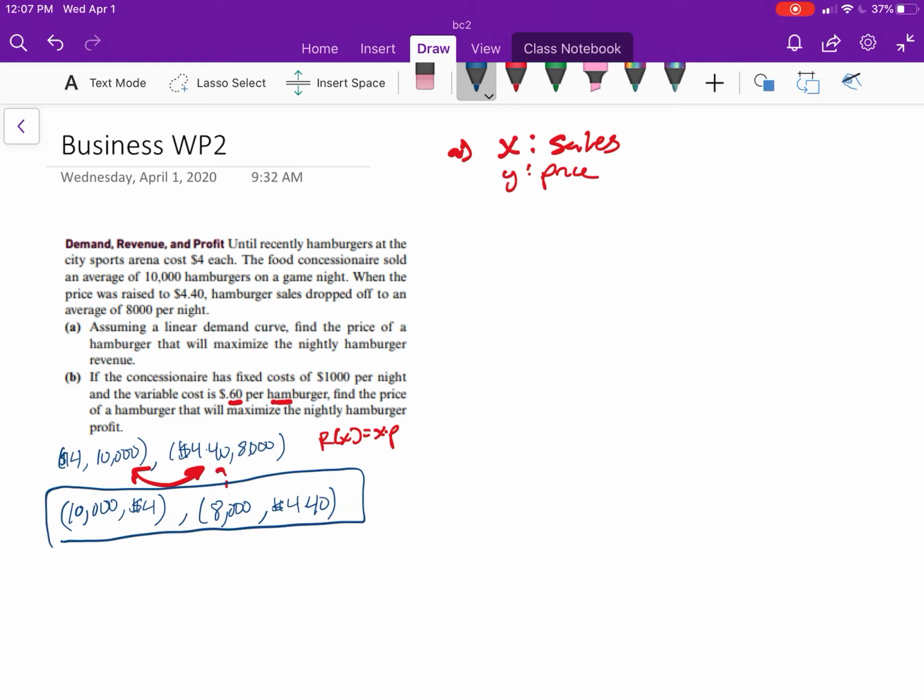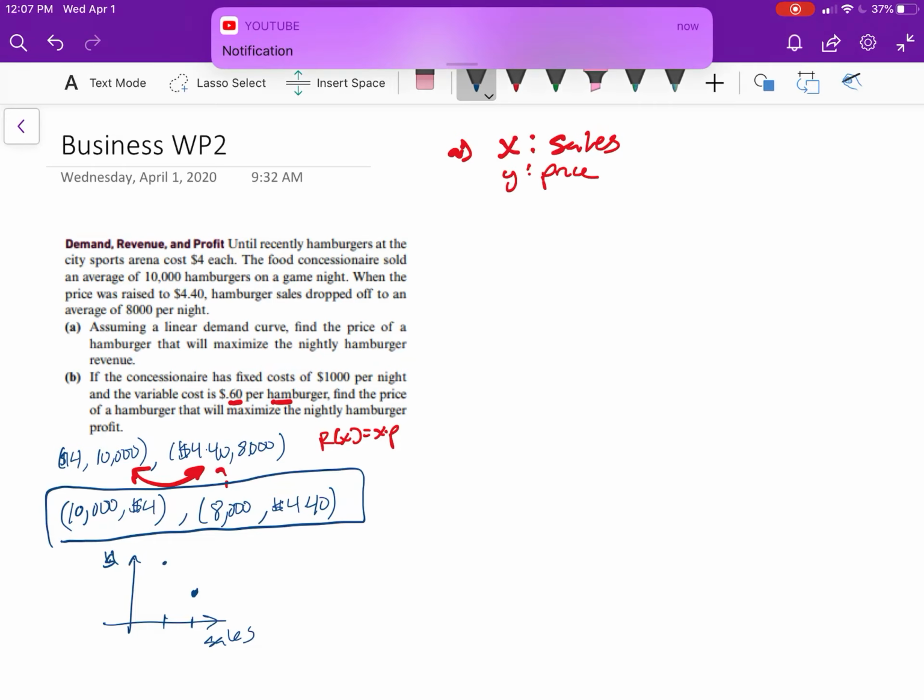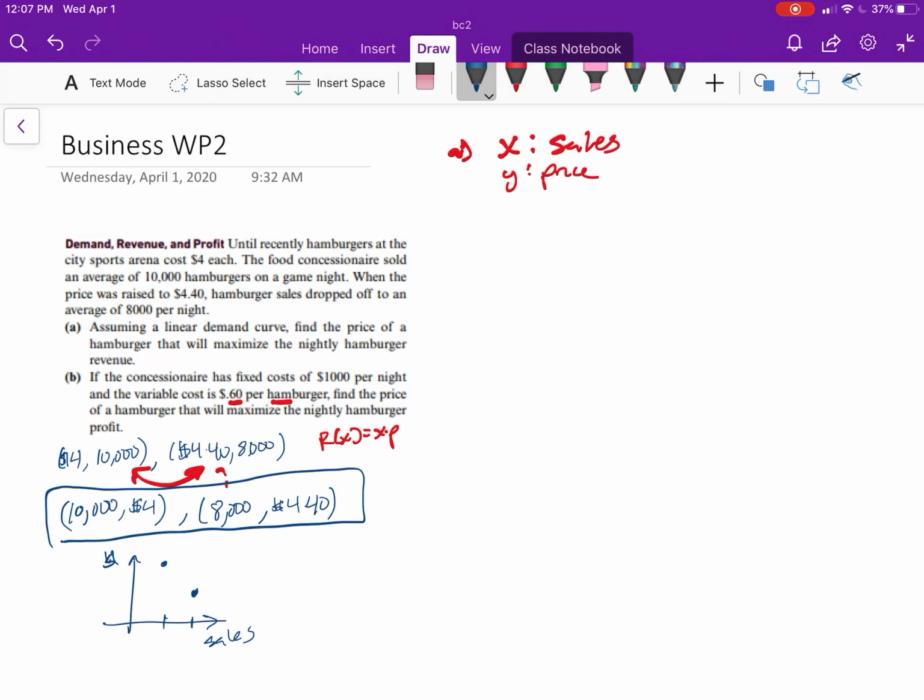So assuming a linear demand curve, if I kind of modeled this, X and Y, this is the price, this is my sales. Then as the price goes up, the sales drop. Over here, when I sold 10,000, the price was lower. But if I don't sell as much, it's because the price was higher.